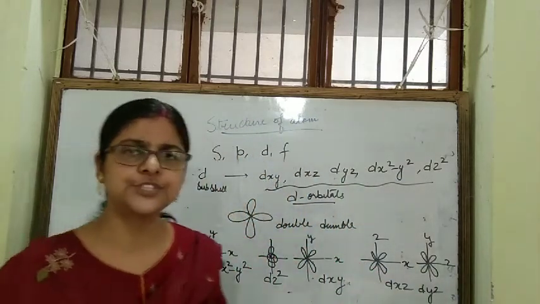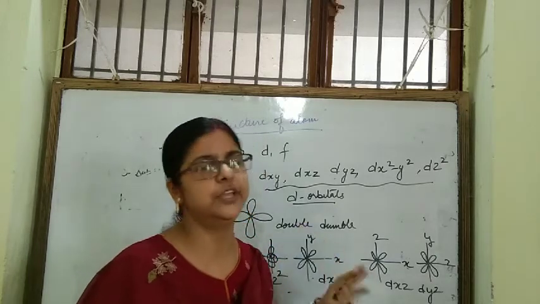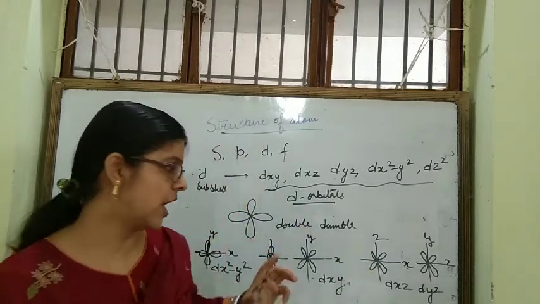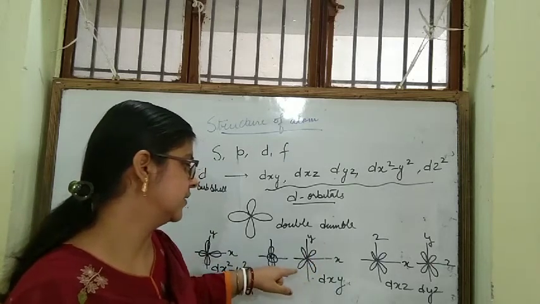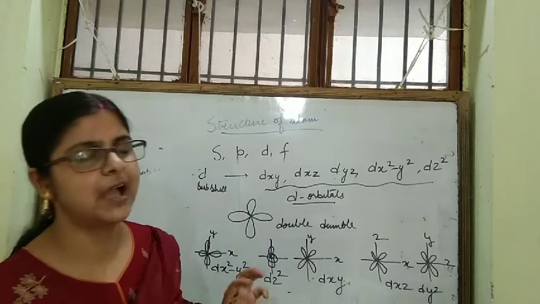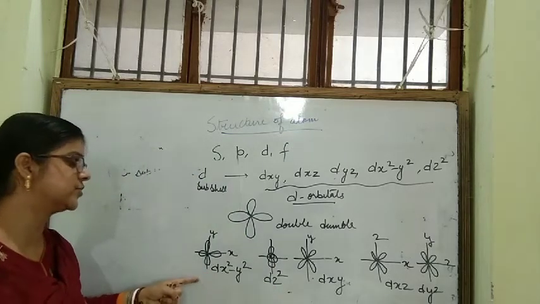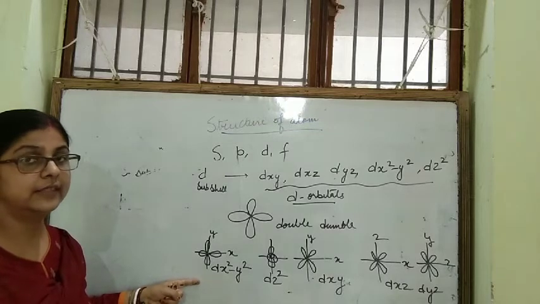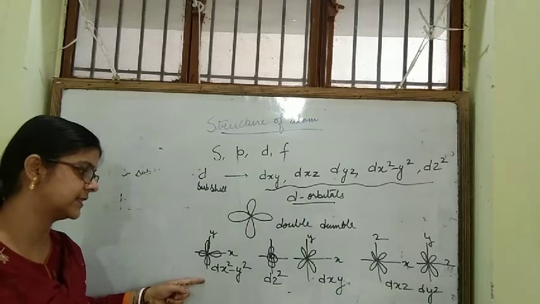Yes, students, the structure is three-dimensional, but I am showing it in two dimensions, so I am not representing the third axis. We simply have to understand that in dx square minus y square, the lobes of the orbital lie along the x-axis and y-axis.